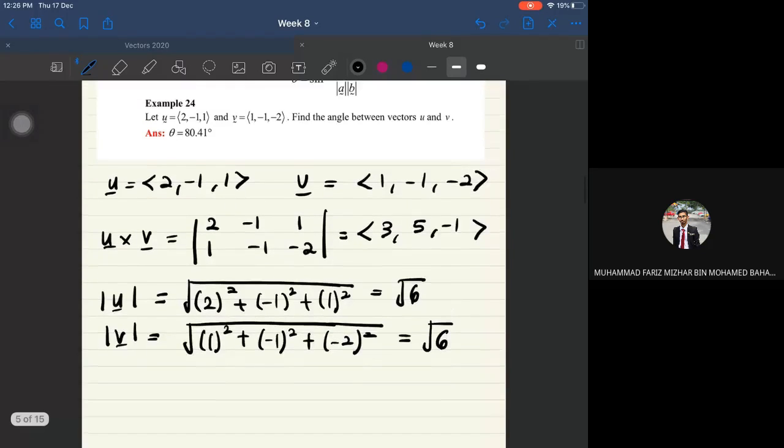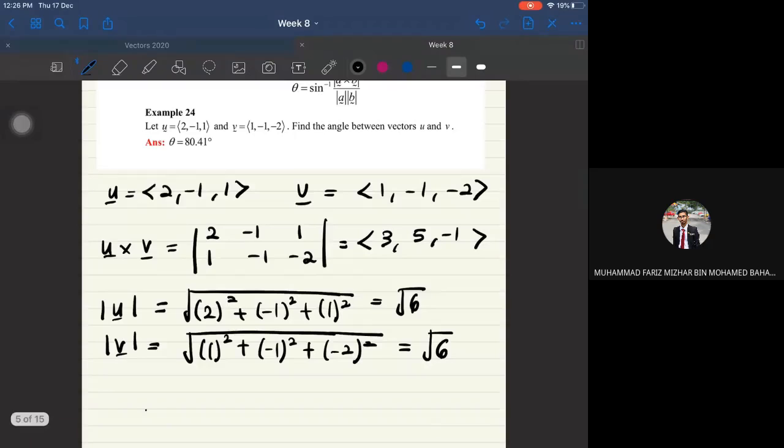Okay. So, therefore, theta is equals to, inverse sine. So, oh, you need to find the magnitude of U cross V dulu. What is the magnitude of U cross V? What do you get?